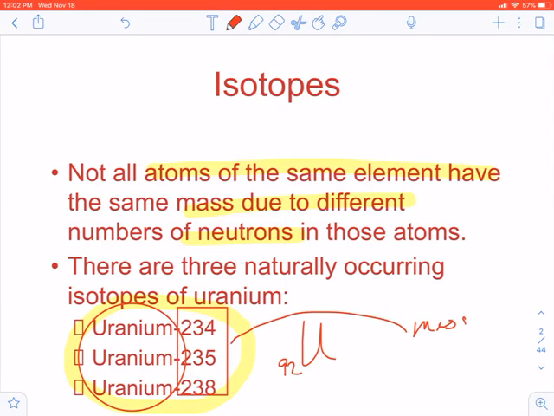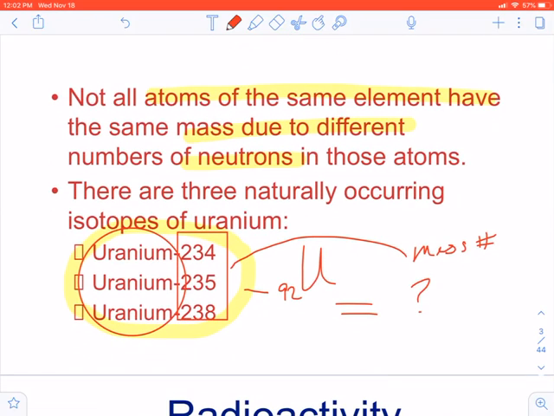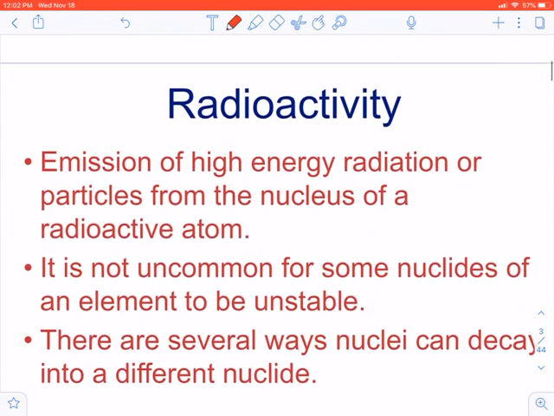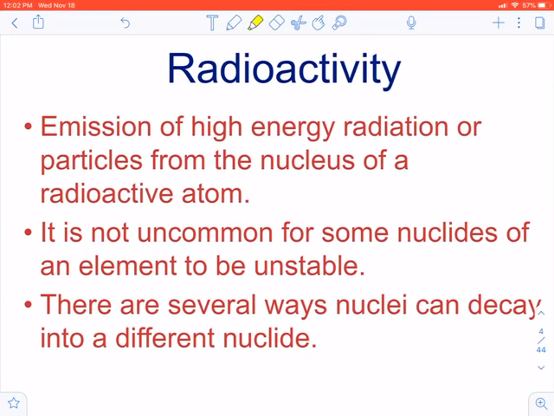To get the number of neutrons, we take the mass number and subtract the number of protons. So we would call these uranium-234, uranium-235, and uranium-238.